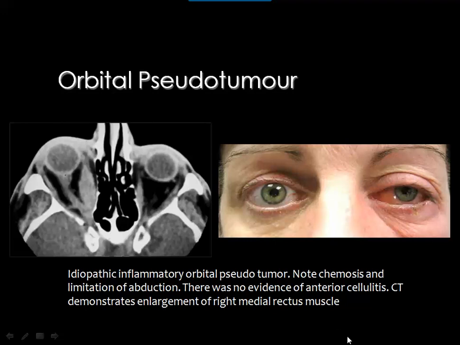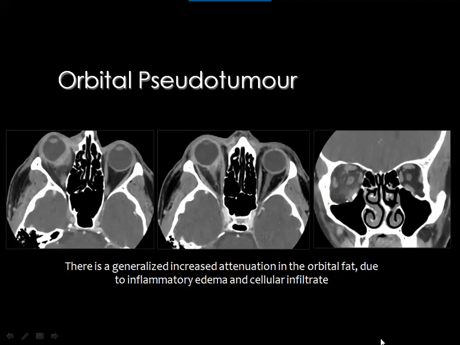The orbital pseudotumor affects the fat, affects the extraocular muscles, 1 or 2, and affects usually the lacrimal gland. And this is a good example actually of the orbital pseudotumor by CT. You get the full-blown picture of orbital pseudotumor here. If you look carefully, you can see the fat is dirty, and the fat is not that clear, similar to the opposite orbit.